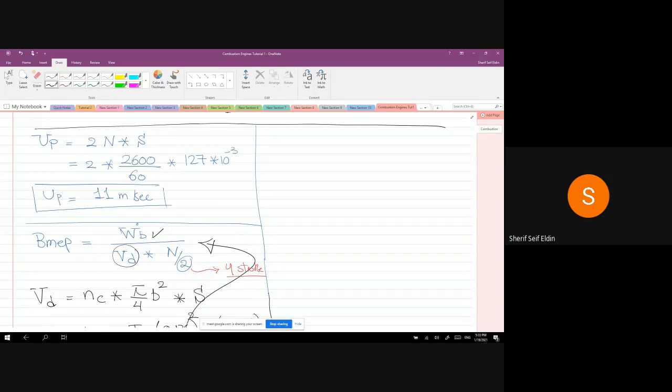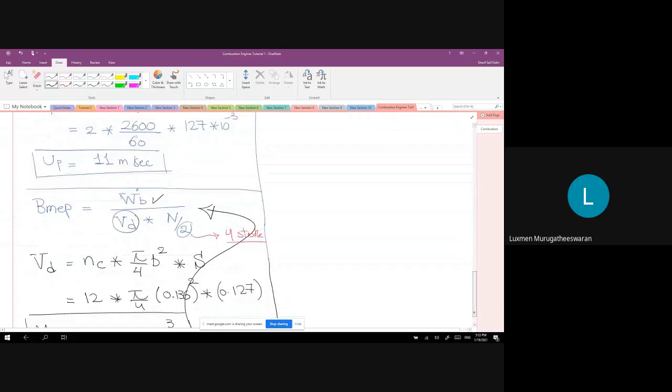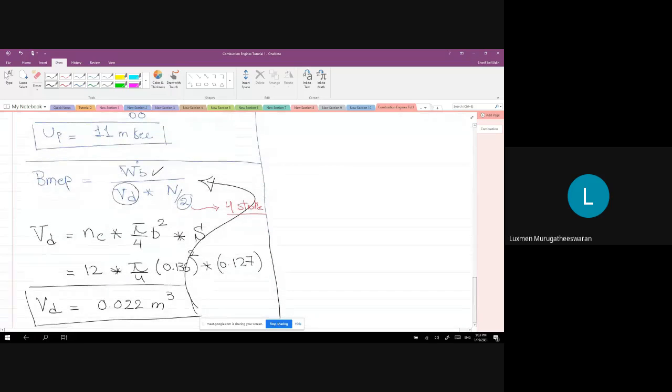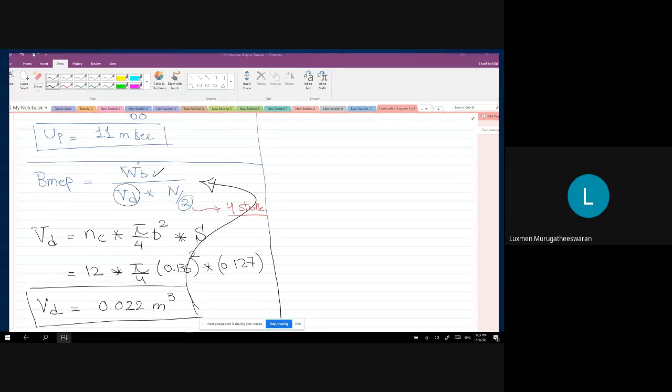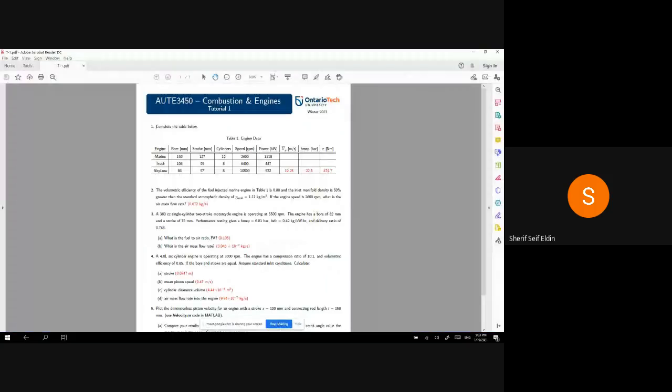Does anyone have a question? Yeah. Where did you get the 4-stroke? Do you just assume it's 4-stroke since it's just a marine? It's not written there. Also for the truck, it's not displayed either.